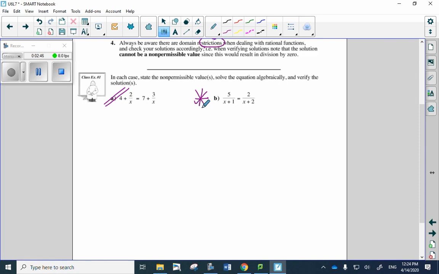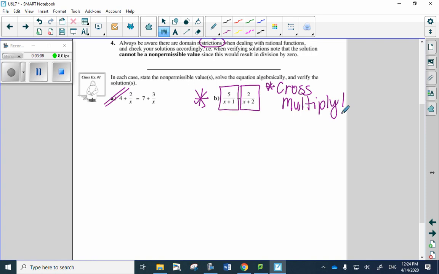So we have 5 over x plus 1 equals 2 over x plus 1. I simply have one term on each side of the equal sign, so we can use our cross multiplying method to solve for our variable, x.